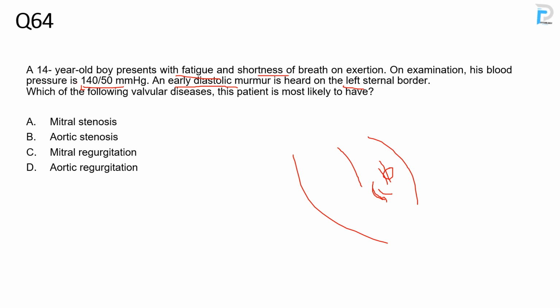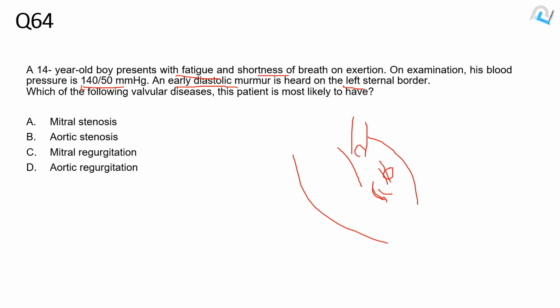So we exclude mitral stenosis, and the big pulse pressure that we see here is actually characteristic of aortic valve regurgitation. Once we see high pulse pressure, high systolic and low diastolic pressure, that already indicates that the aortic valve has incompetence.